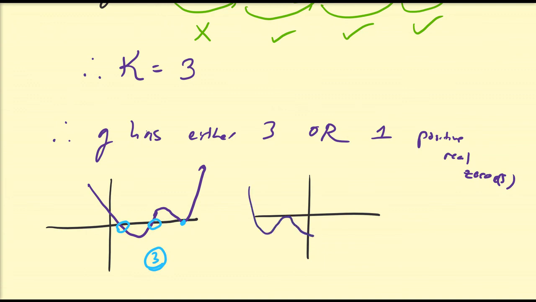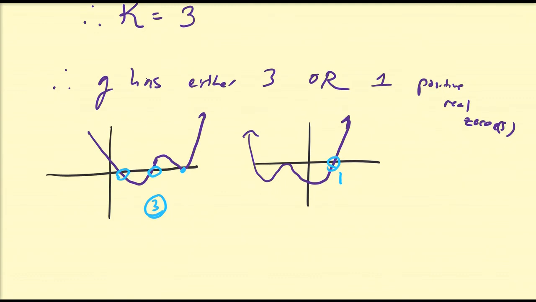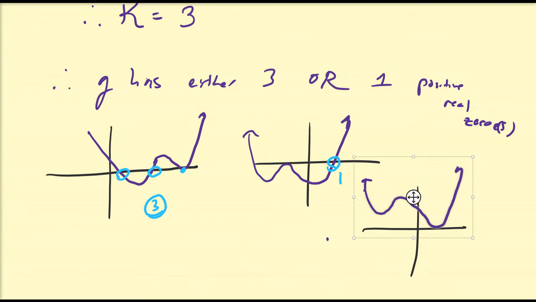So 1, 2, so there's our 1 case. And there are a couple of other scenarios that would also satisfy either 3 or 1 in terms of the graph. You can be creative with this. For example, you can have 1, 2, 3, so you have something like that. Possible.